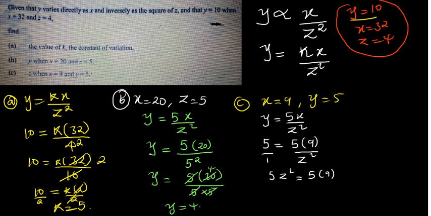We'll divide both sides by 5. We'll see that this 5 and this 5 will cancel, and we'll just remain with z squared being equal to 9. Again, to remain with z, we are going to square root both sides. The square and the square root will cancel, that will leave z being equal to the square root of 9.